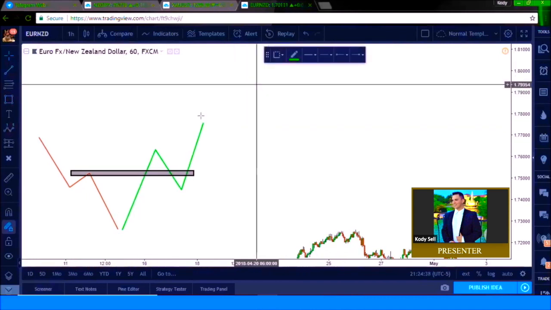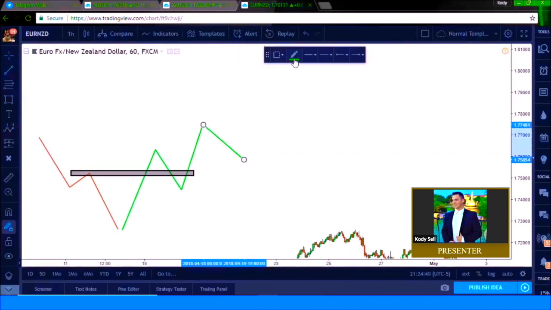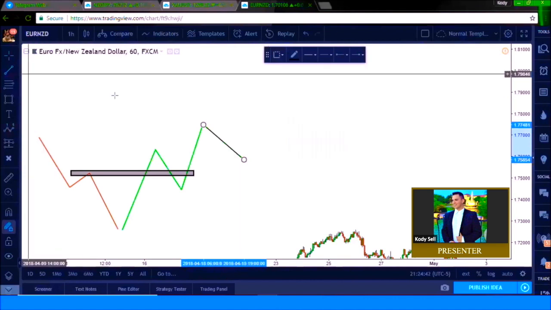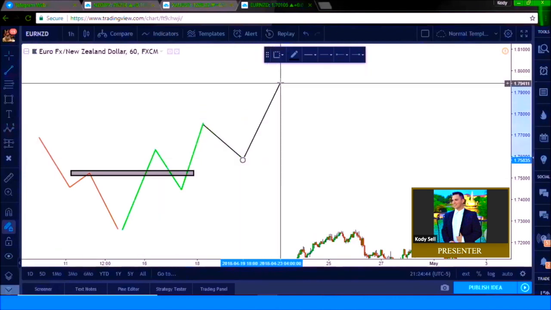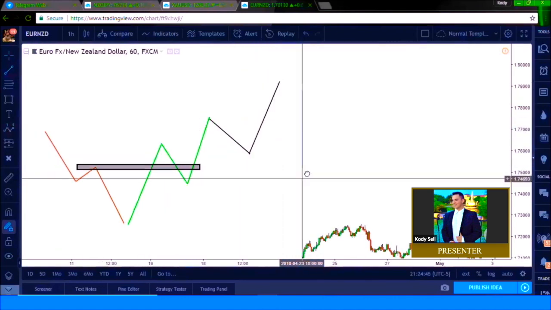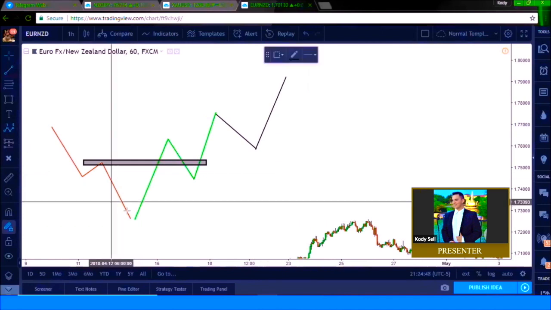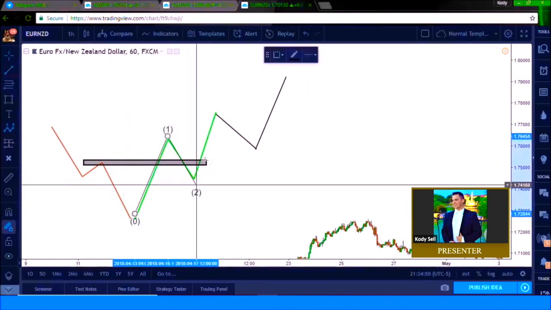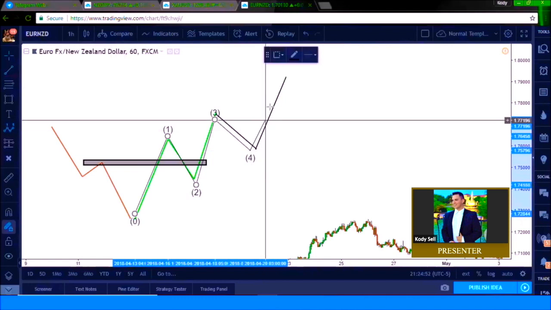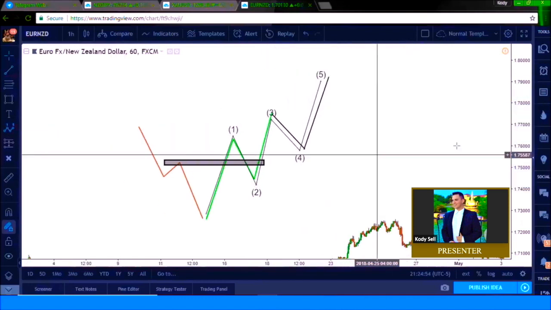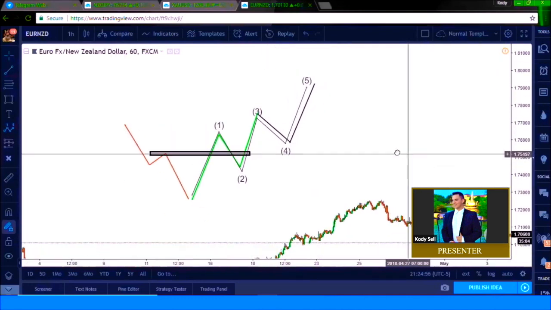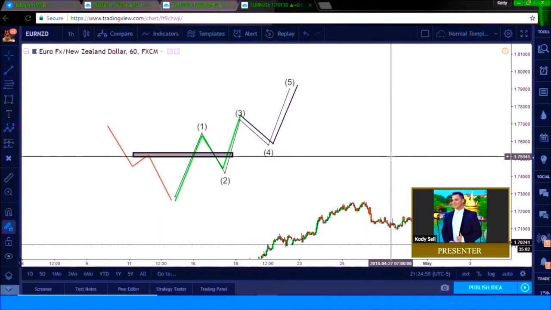Guys, look at this. There's only one more move left to the upside before the Elliott wave sequence completes. So what do you think happens a lot of the time to retail traders? They're not catching the moves until it's too late.